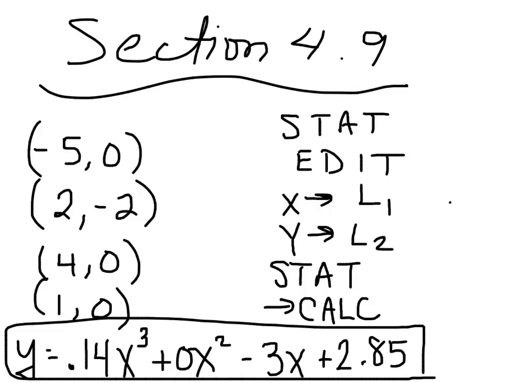If you don't have that on your calculator, like I noticed Sierra's did not show up, here's how you turn it back on. First thing you do is go into the catalog. In order to get into the catalog, you hit second and then the 0 button. And then you go down to where it says diagnostic on.